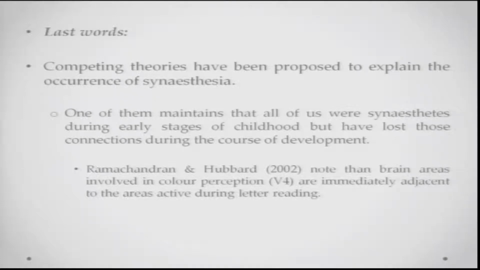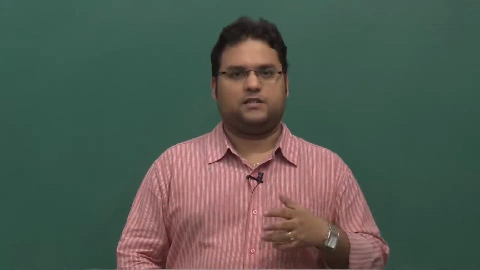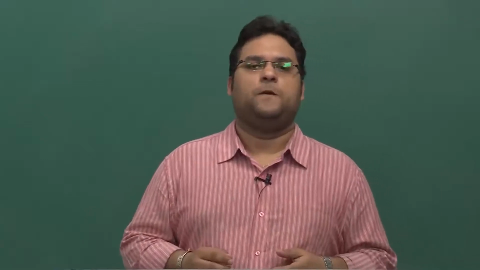Ramachandran and Hubbard point out that the brain areas involved in color perception, areas like V4, are actually immediately adjacent to the areas that become active during reading of letters. It might be just a coincidence, or it might not be a coincidence that these areas are very close together.